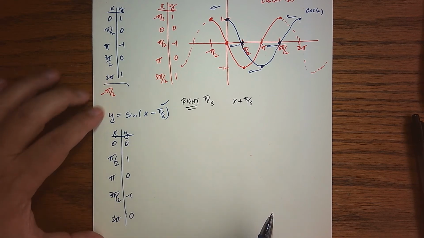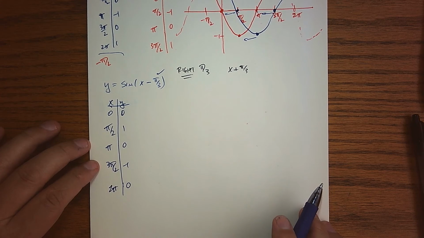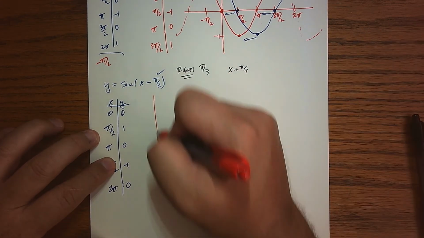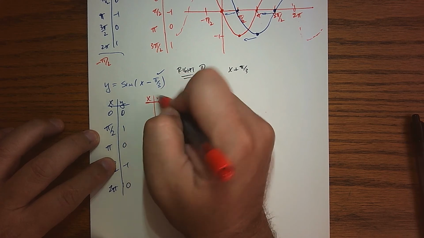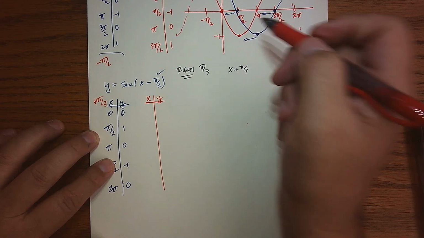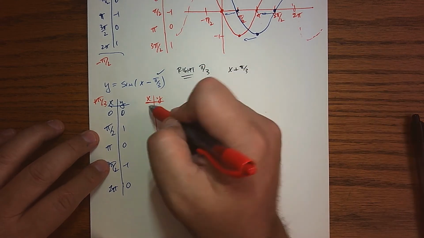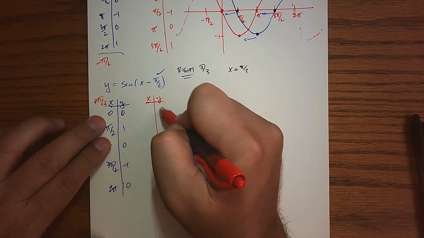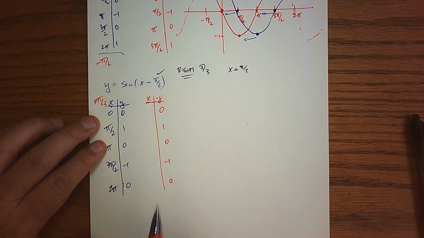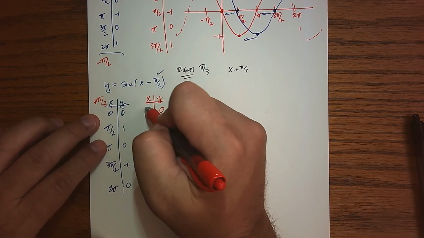So there's the core data set for a sine graph. What's happening, let me put it in red, is we're taking all our x coordinates and adding pi over 3 to them. So we're really going to have to watch our work. This is 0, 1, 0, negative 1, and 0. We're not manipulating y, but 0 plus pi over 3, that's an easy one.